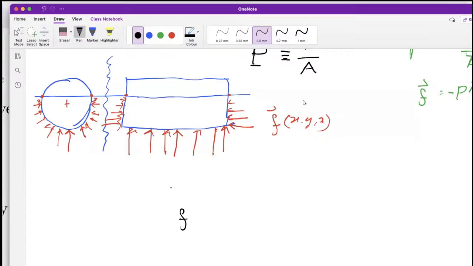Because to get a total value. So, let's say the total force would be the integral.